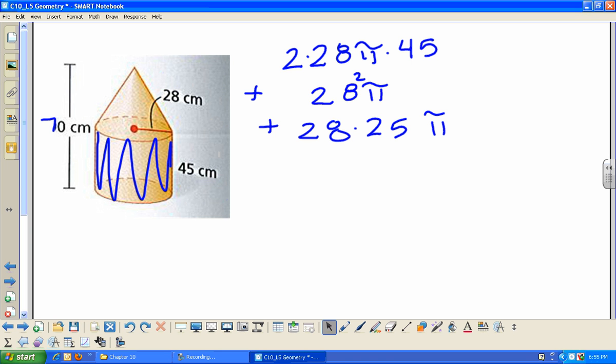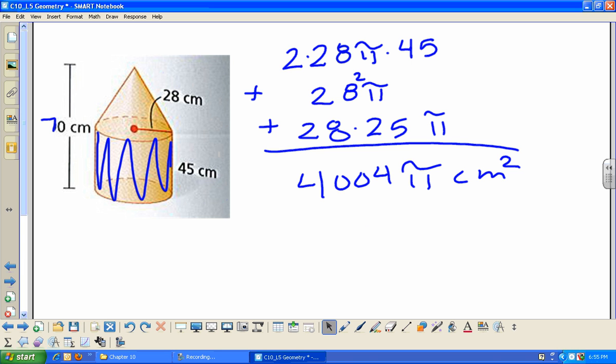So if I add these all up, I would get 4,004 pi centimeters squared, or 12,572.56 centimeters squared.